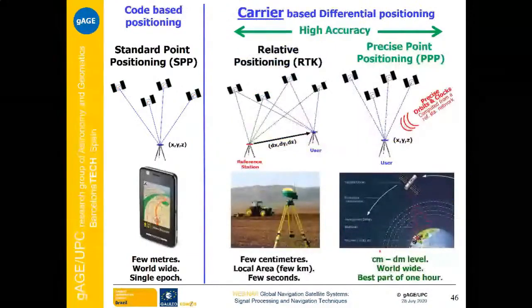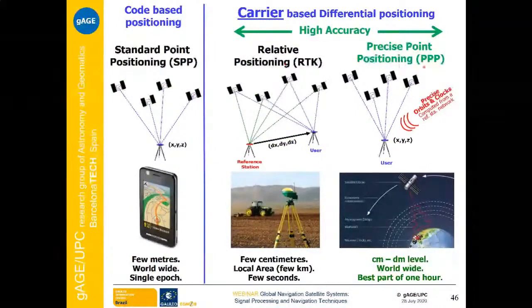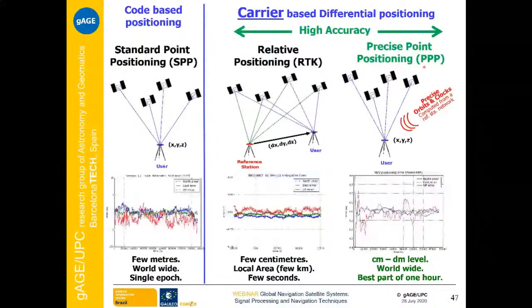Carrier-based positioning. Well, we have relative positioning and precise point positioning. These are the accuracies. Now, neither works in single epoch. We need seconds, but a few seconds, in order to achieve this high accuracy in RTK.